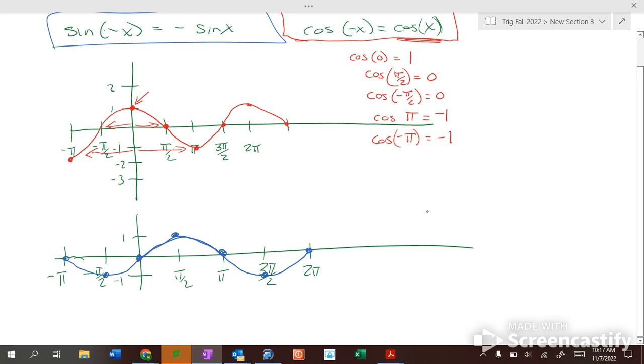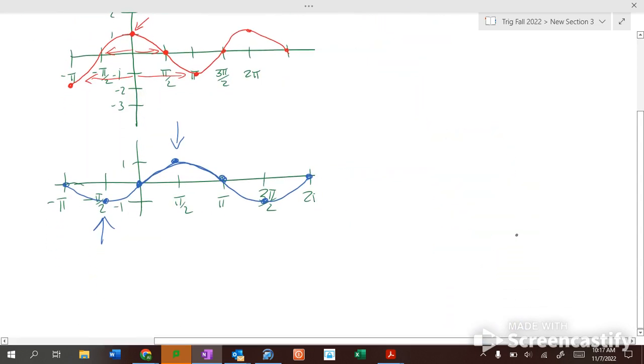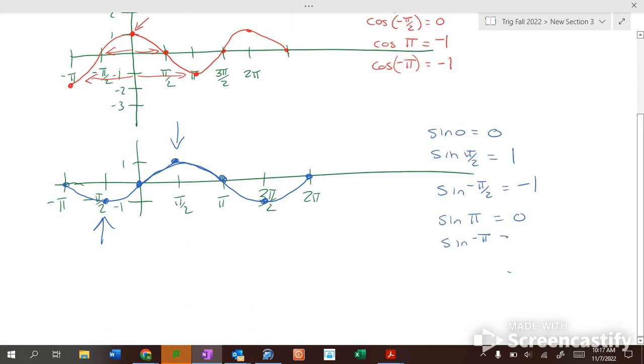Okay? So, the sine of 0 is equal to 0. The sine of pi over 2 is equal to 1. The sine of negative pi over 2 is equal to negative 1. The sine of pi is 0. The sine of negative pi is 0. So 0 and 0.